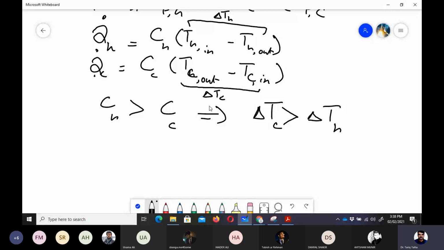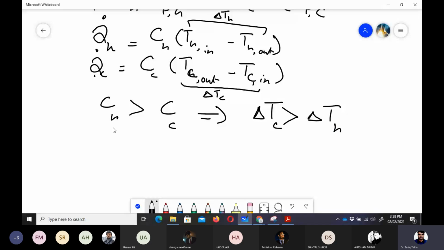So all the heat which is lost by that 10 kg per second hot fluid, when it is gained by 1 kg per second of cold fluid, its temperature would rise more. So it means that delta Tc would be more as compared to delta Th.